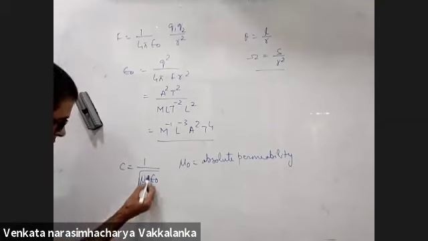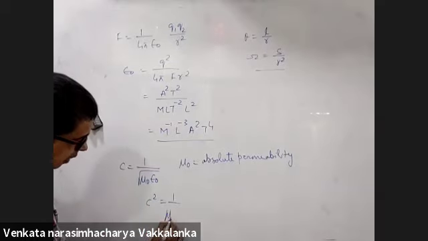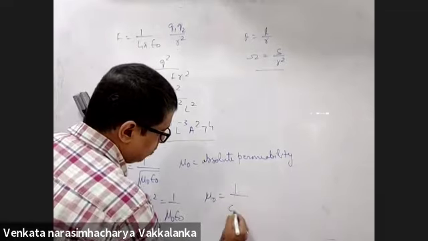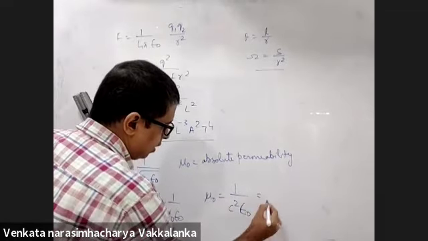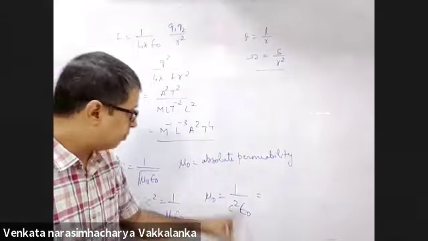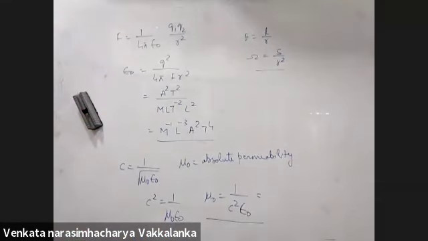Right? Now, can you find out the dimensional formula of mu naught? C square is equal to 1 by mu naught epsilon naught. Mu naught is 1 by C square epsilon naught. C is speed of light, L by T. Epsilon naught you found out. Can you find out mu naught? Make it fast.